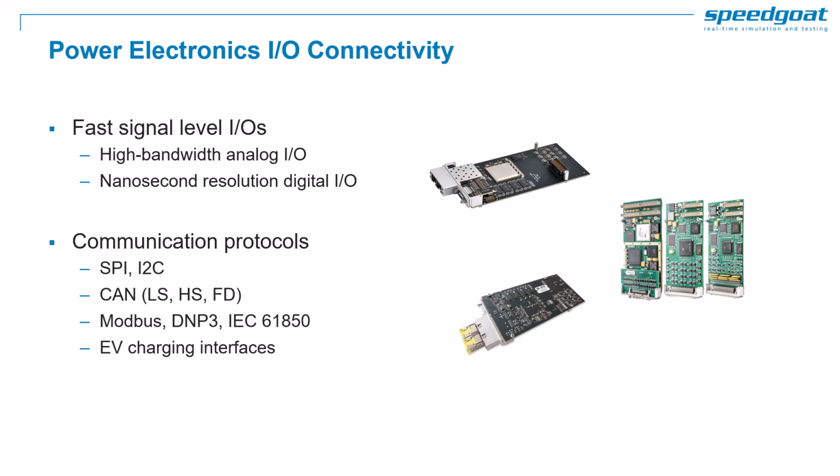Besides that, power electronic systems also involve communication interfaces with other control layers, exchanging information about set points and system status, for example. For this, Speedgoat I/O modules support most industrial communication protocols for buses and networks such as CAN, Modbus, and many more. Now, I'm going to hand over to Manuel for the demos about rapid control prototyping.